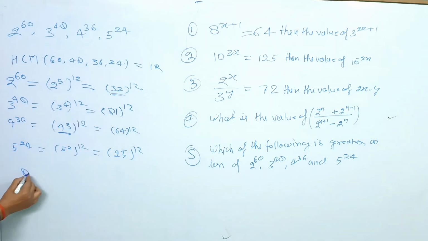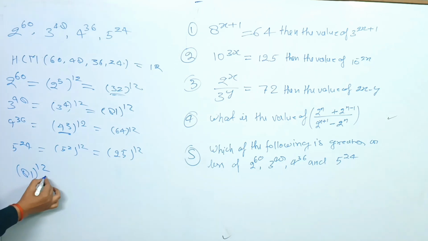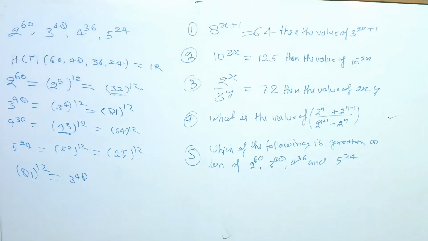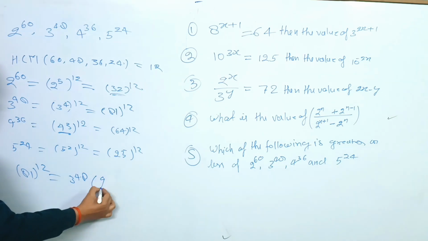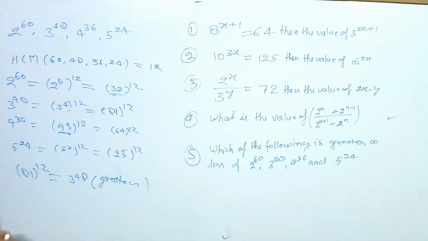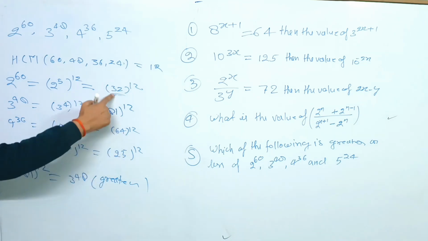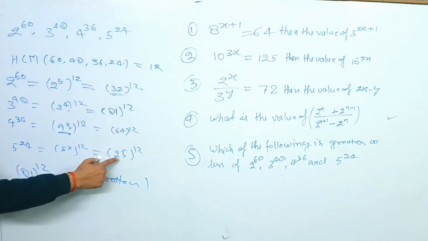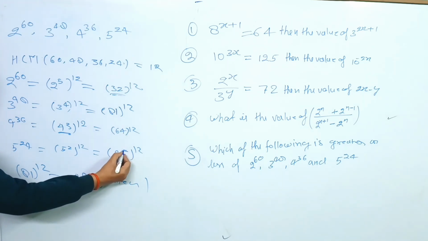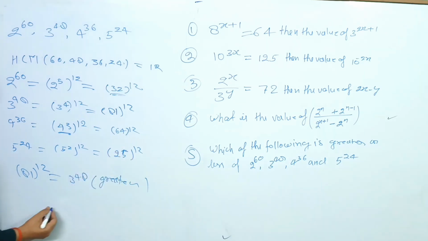That means 81 to the power 12 is greater, and 81 is 3 to the power 4, so 3 to the power 48 is the greatest quantity. Again, here the least number is 25.